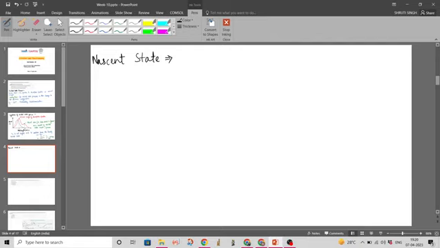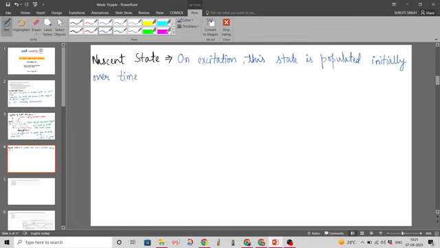First it is formed and then the decay from this state happens. On excitation, this state is populated initially over time and then depletes.